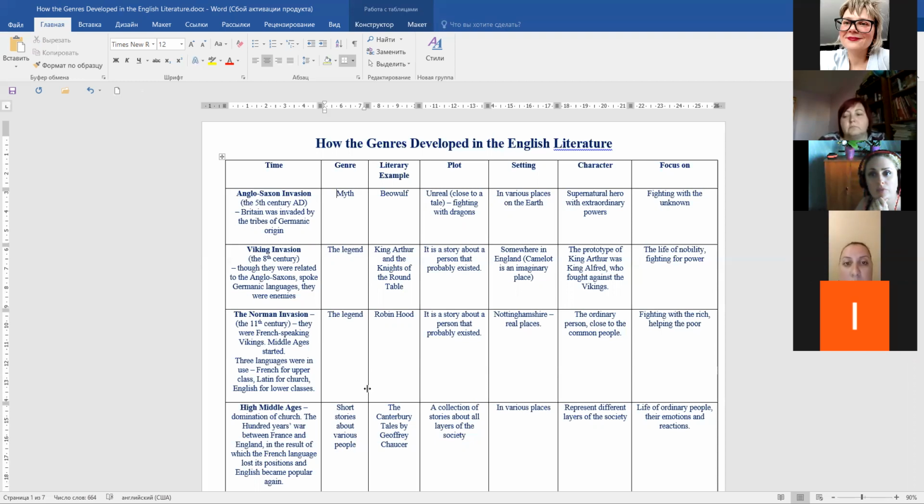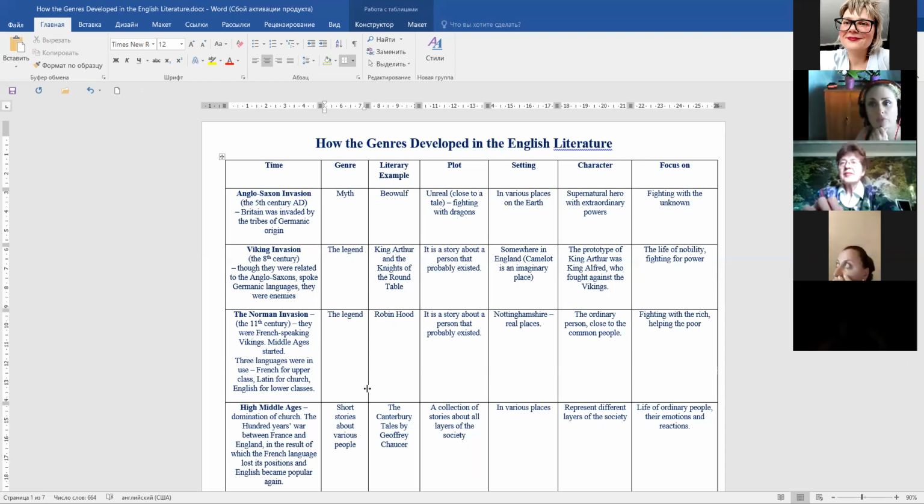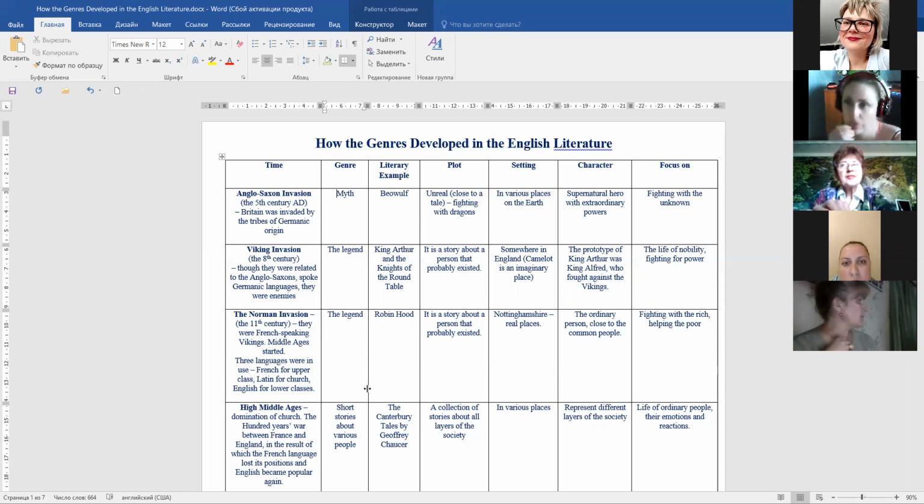So what is a myth? A myth is actually the explanation of something plus a great hero, very close to folk tales, to fairy tales, or to fantasy. So the Anglo-Saxons produce a myth, and this myth is Beowulf.